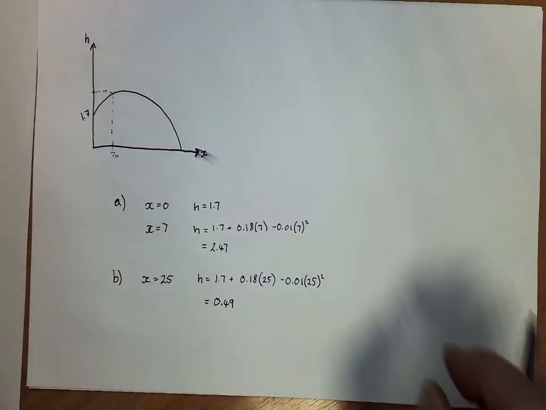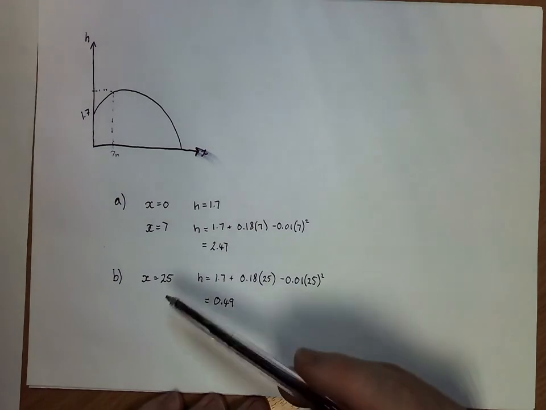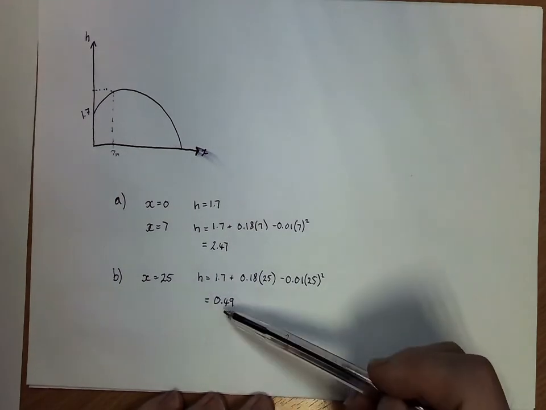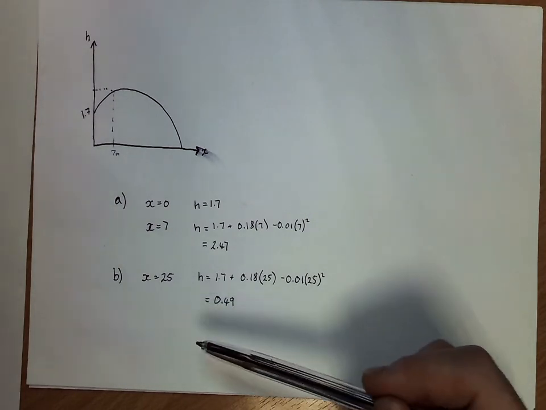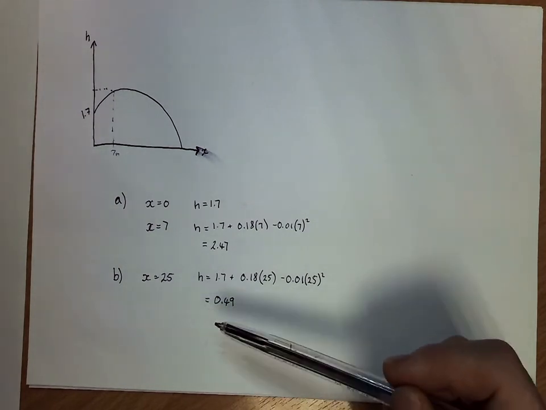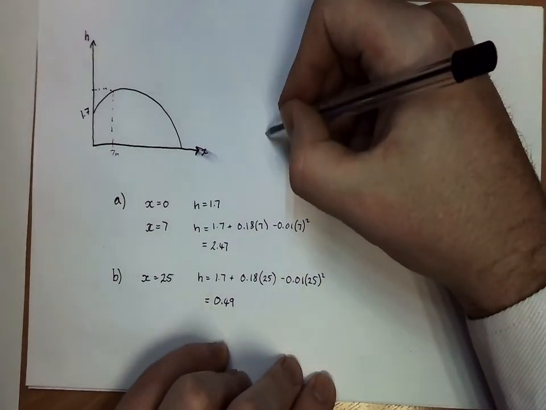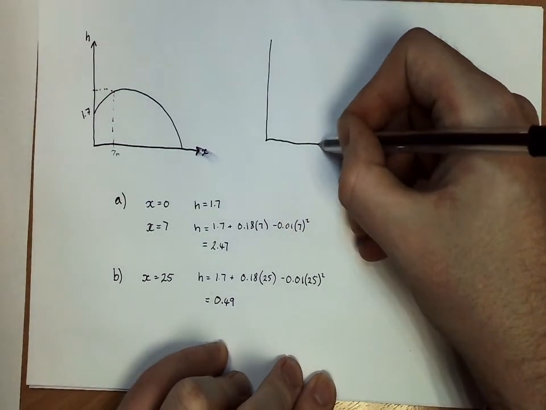And then I realised a small problem is I know that it's a height of 0.49, so it's 49 centimetres off the floor after 25 metres, but it doesn't tell me whether it's hit the floor or not. So there are two possible scenarios. The ball has done one of two things.